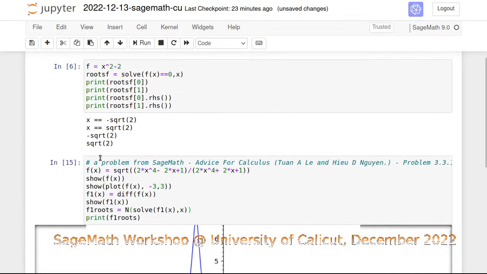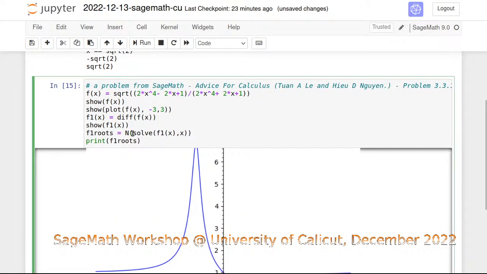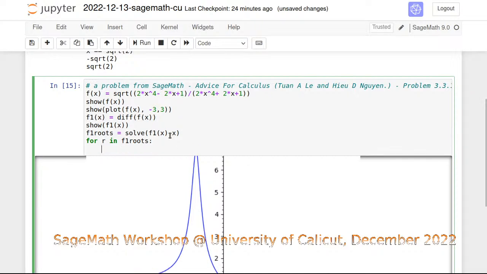Oh, that's not the correct way to do things probably. Or maybe we can do something else. For R in f1 roots. Okay, the roots are actually some symbolic expressions with x double equal to, etc. We need to take the right hand side and try to evaluate it numerically. Print n of R.rhs.